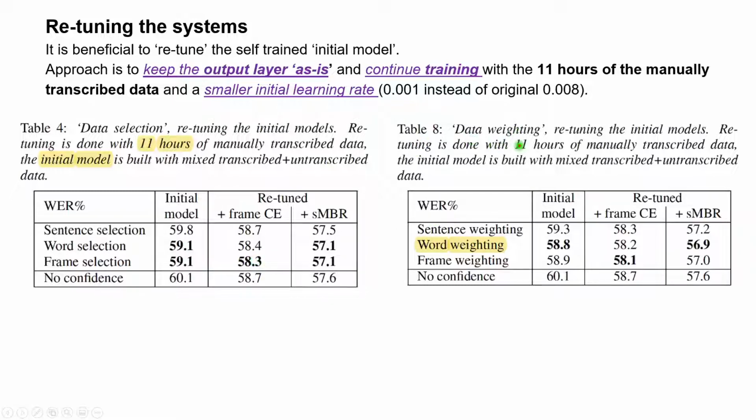In case of data weighting, from the initial model to the retuned model, you see more gain with the word weighting. And here you see more change just because of word selection. So word weighting and word selection turned out to be the way to go.